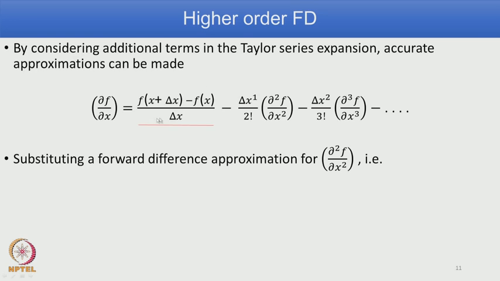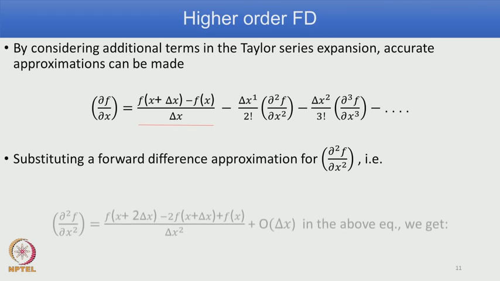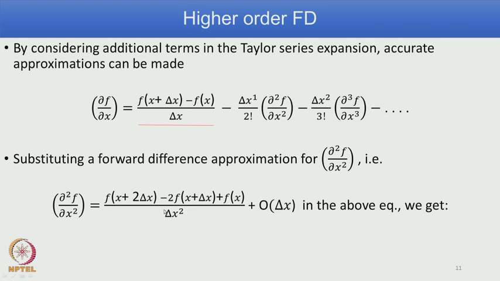In the first case when we did, we considered only the two terms. Now, to get higher order we will consider one more term. Because we are interested here in forward difference, you substitute for this second derivative in terms of forward difference, that we already obtained in the previous steps, which is given here once again as f of x plus 2 delta x minus 2 f of x plus delta x plus f of x by delta x squared of order delta x.